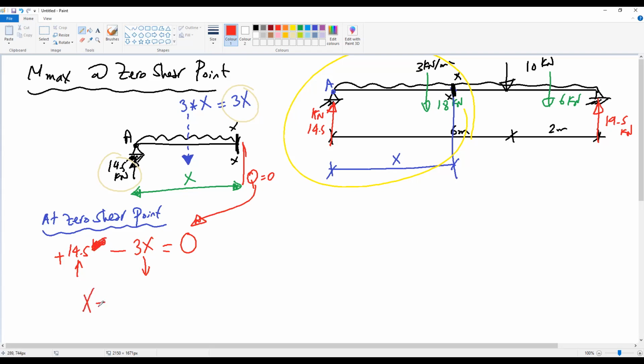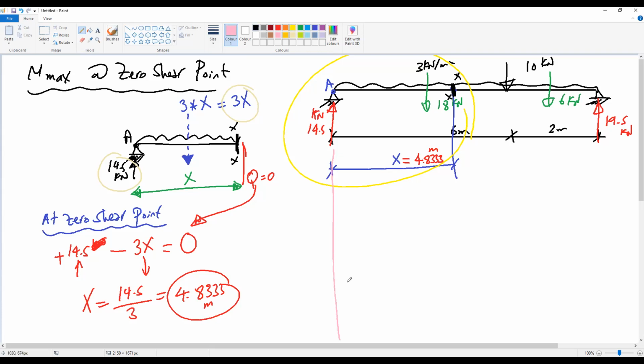From this equation we find that x equals 14.5 divided by 3, so x equals 4.8333 meter. Okay. Yes, thank you, Gong. So the value of x, the zero shear point, is 4.8333 meter.